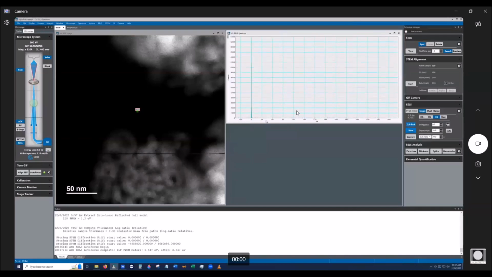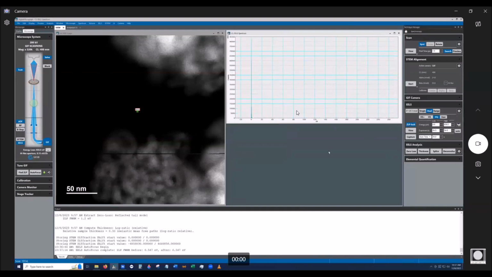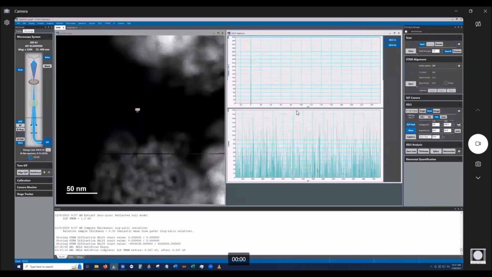The reason is my dispersion is only 0.15. So I know my actual energy resolution is less than this, but we'll see this anyway when we switch this. So let me bump this up again. Okay, and then let me switch this to dual. I want the titanium L edge here. And then view.